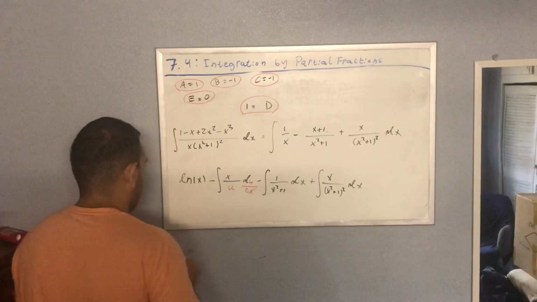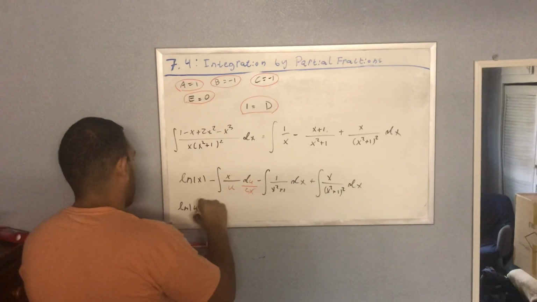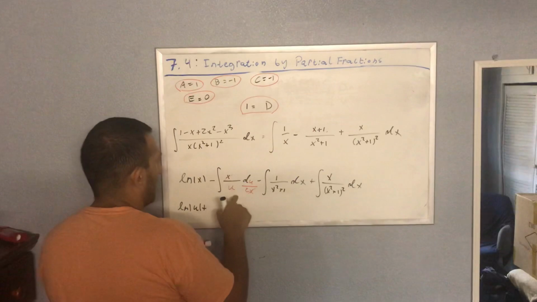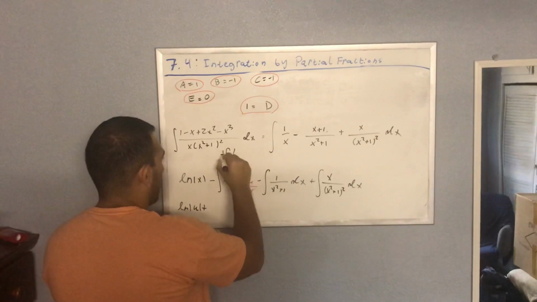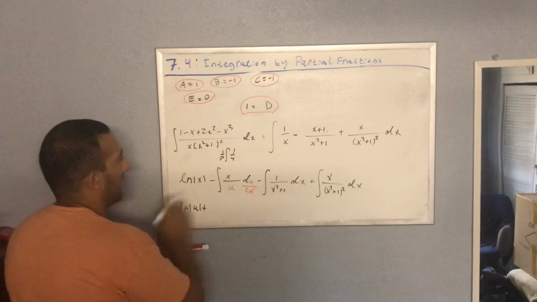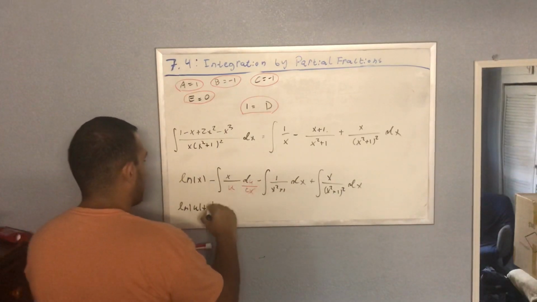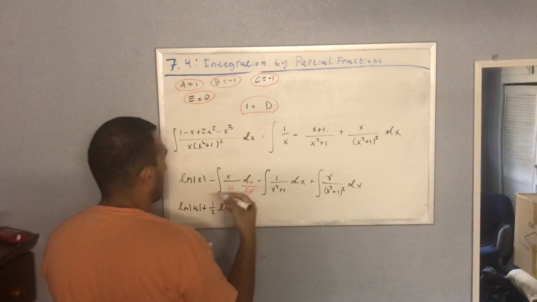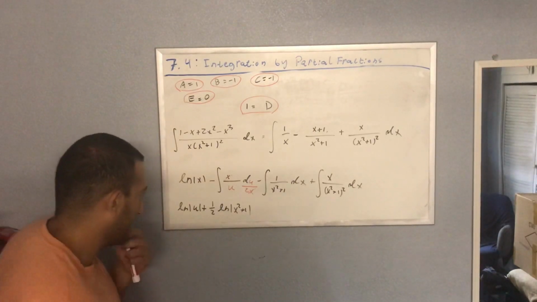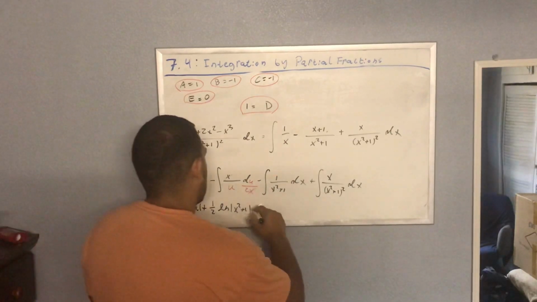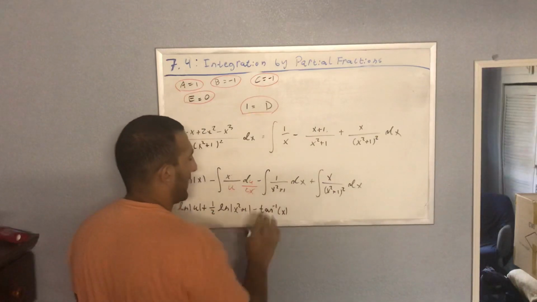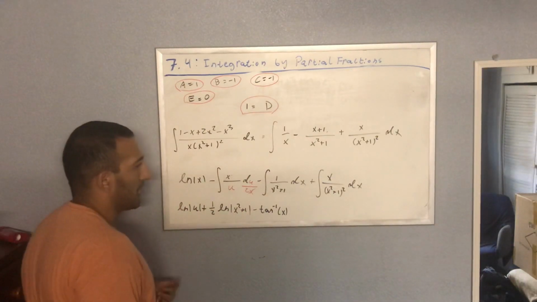And so this becomes ln absolute value of u plus, so this is now the integral of 1/2 times 1 over u, right, which is 1/2 ln absolute value of u. So this is plus 1/2 ln absolute value of what was u, x squared plus 1. And then this is a tangent inverse. Remember, because this is a 1, we don't actually need to change anything, no modifications.